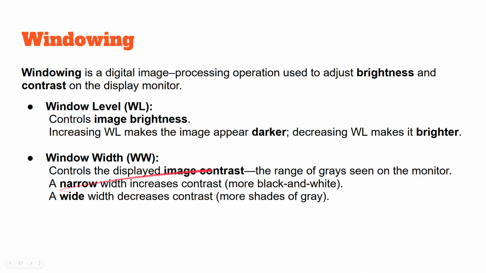That would be a narrow window width. And then you have a wide width. This is going to decrease the contrast. There's more shades of gray. They're less contrasting. It's not just white and black. There's gray, light gray, slightly darker gray, slightly even more darker gray. It's a wider range.